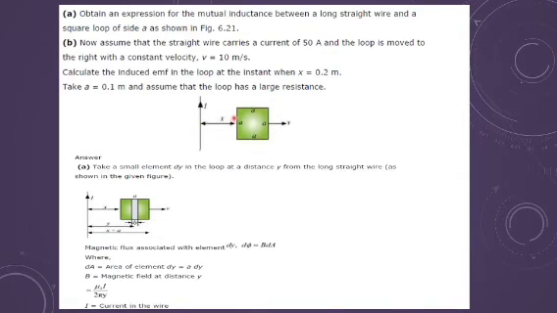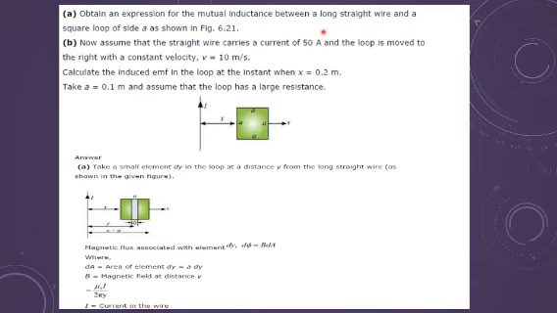And you are saying first expression, that is the theoretical question. It means you have to obtain the expression for the mutual inductance, like we have done for the circular loop.